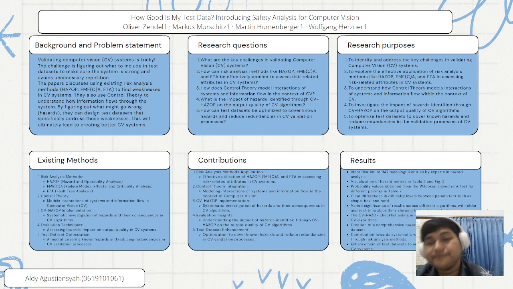Result. So the result from this paper is identification of 947 meaningful entries by experts in hazard analysis, visualization of hazard entries in table 3 and fig 3, probability values obtained from the Wilcoxon signed rank test for different pairings in table 7, and clear differences in difficulty level between parameters such as shape, box, and rank.